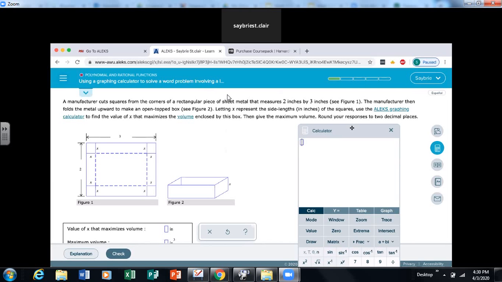The other one would be 2 minus 2x. And then the equation is x times those. So this is what I get. This is a picture I'm sending you. I'm hoping.